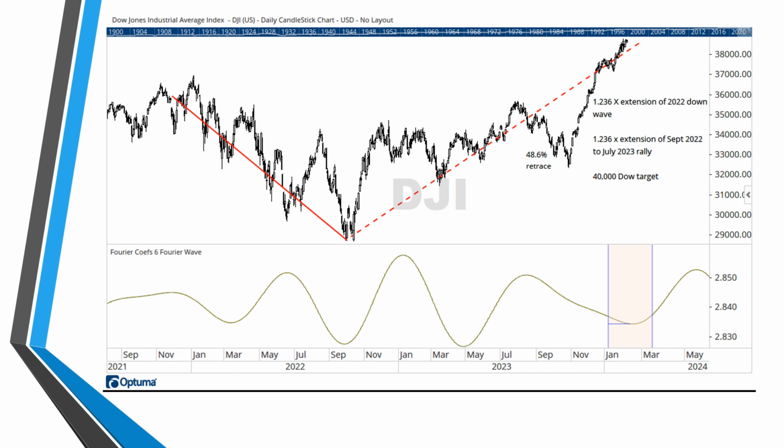Another way of looking at it is if I take a look at the September 2022 to July 2023 rally, we are now, from the October 2023 lows, poised to advance 1.236 times that September to July rally. So basically, both of these mathematical techniques point to one observation. The Dow is probably headed to 40,000. How far away is that? Not very far.